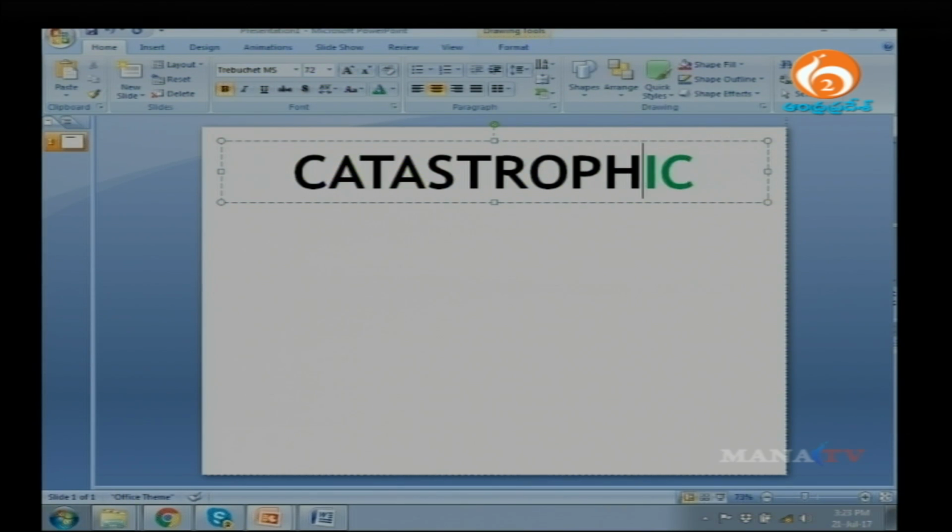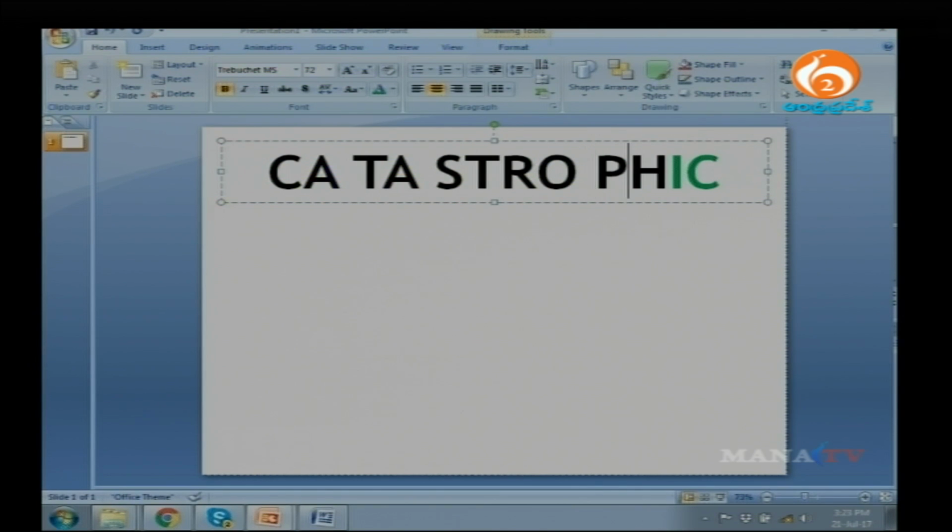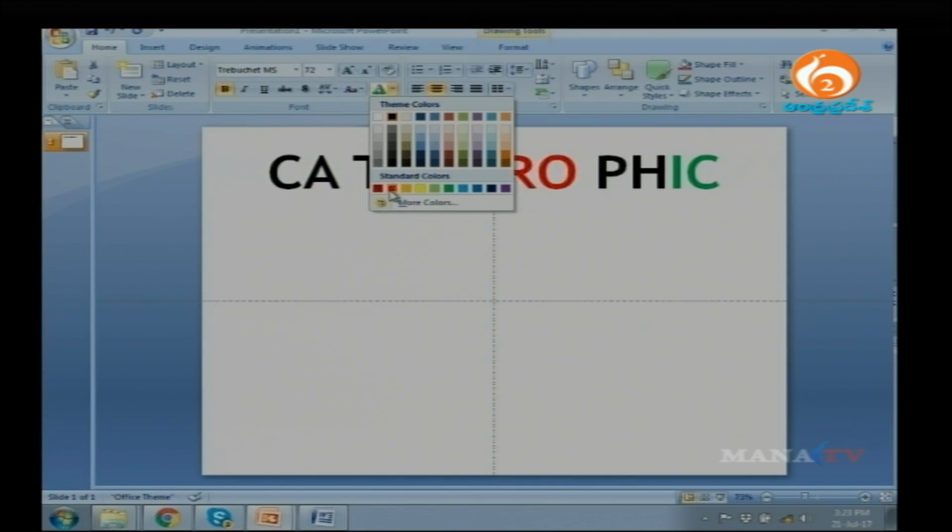Catastrophic. Okay. Now, how many syllables do I have here? Ca, ta, stro, fic. So I have four syllables. The rule says since this is ending with IC, my stress will be on the second one. So I'll mark this red.